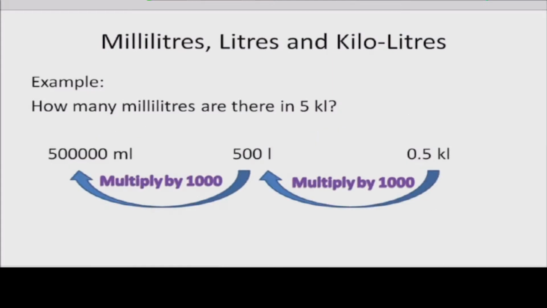In this example, how many milliliters are there in 5 kiloliters? Similar to the earlier example, you need to convert kiloliters to liters and convert liters back to milliliters. So you multiply the amount in kiloliters, 0.5 multiplied by 1000 to give you 500 liters, and then multiply 500 liters by 1000 to give you 500,000 milliliters.